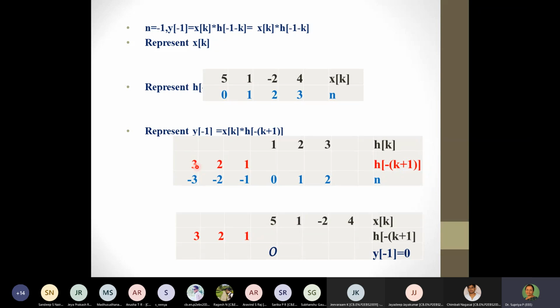We have shifted it by 1 bit towards the left because it is a minus shift, or what we call minus 1 minus k. So again there is no overlap. So the resultant is 0, which tells us that from n equal to minus 1 onwards, the resultant of the convolution is going to be 0.